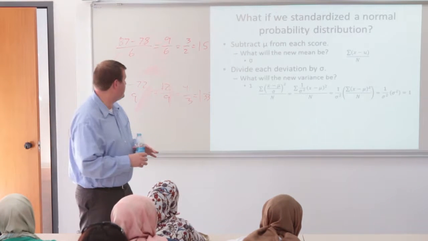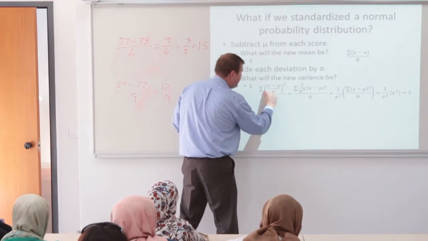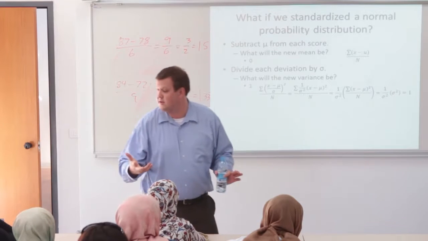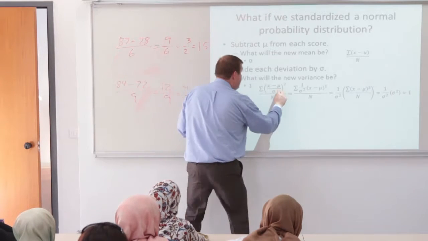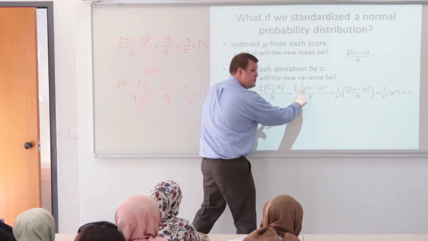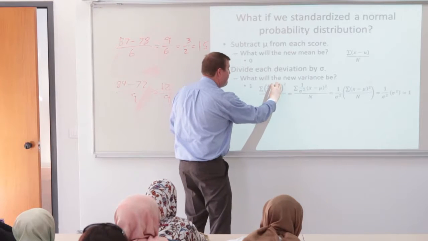If you remember your rules of algebra, I can take this out, and that's 1 over sigma squared, because you're squaring everything in here.